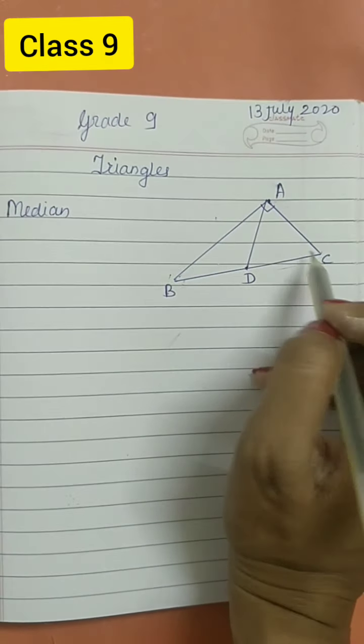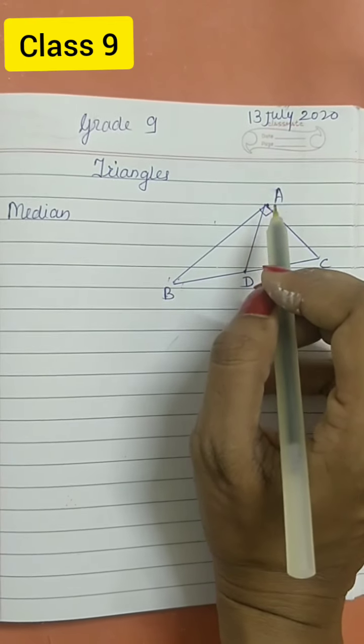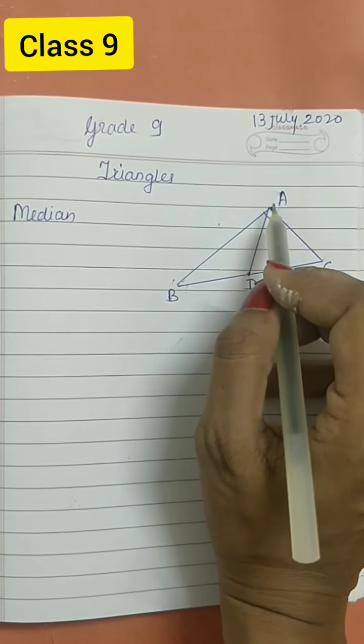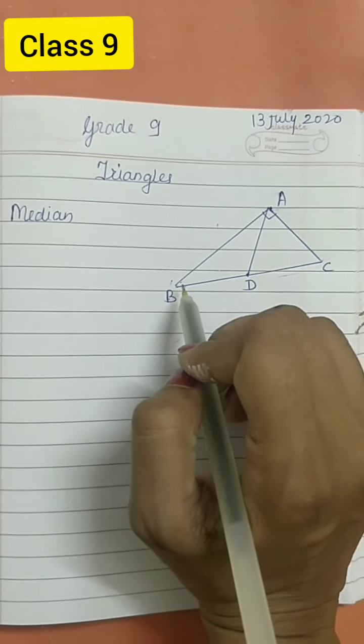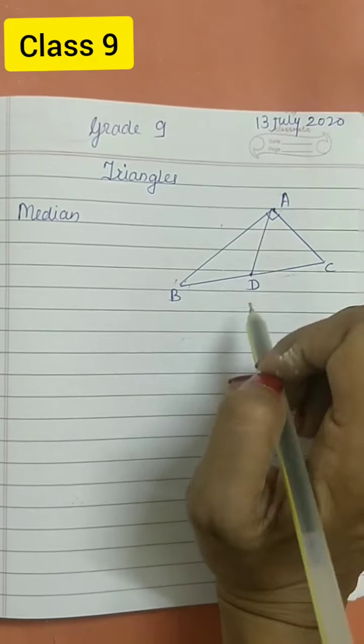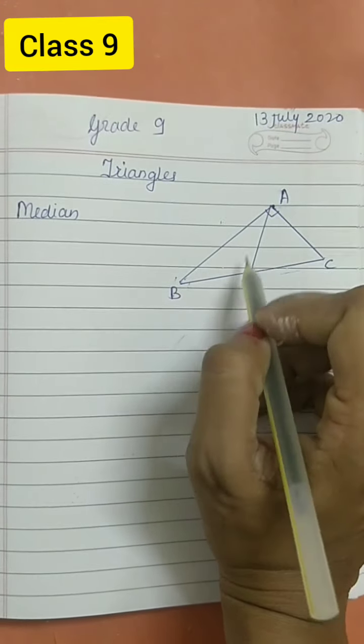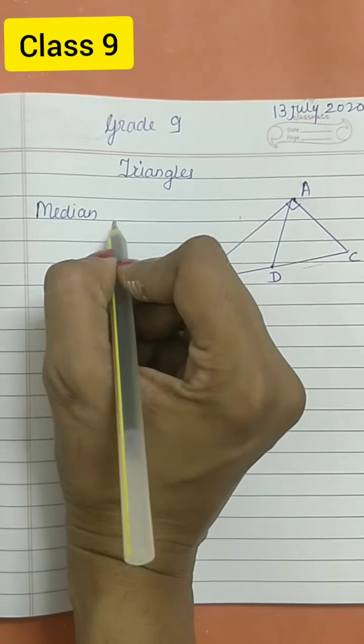Now this BC is opposite to this vertex, right? So the segment joining a vertex and the midpoint of the side opposite to that vertex is called a median of a triangle. So this segment is a median.